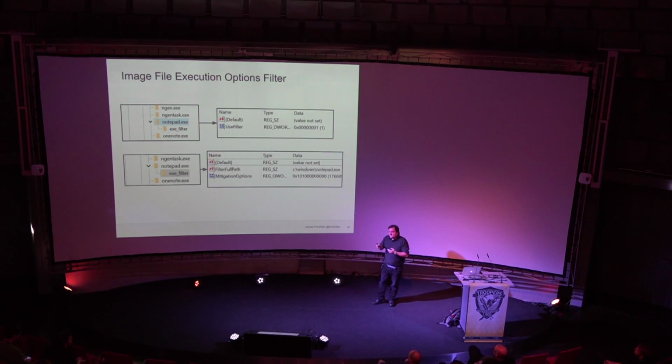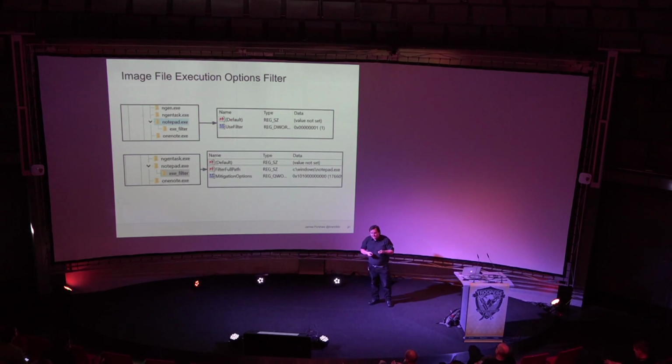And okay, not many things should be called notepad.exe, but it's still kind of annoying. For example, if you had multiple copies of the same program, say a beta and a stable version, you couldn't actually apply mitigation policies to one versus the other.